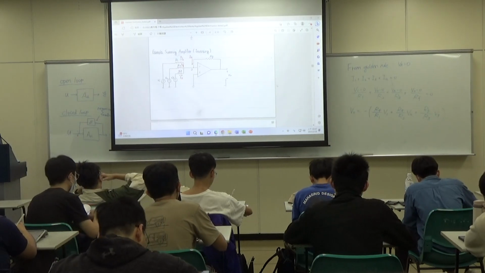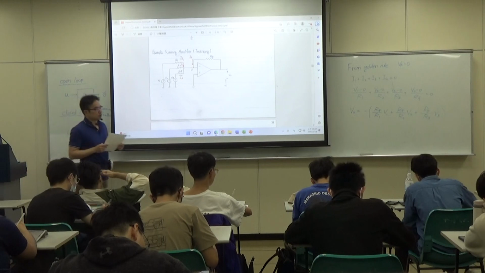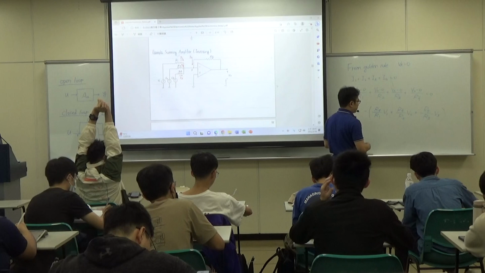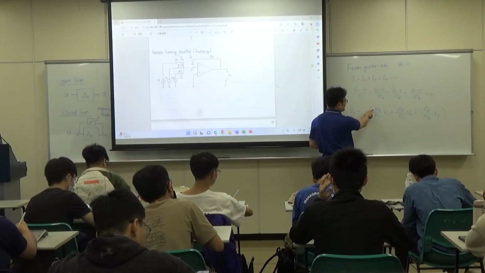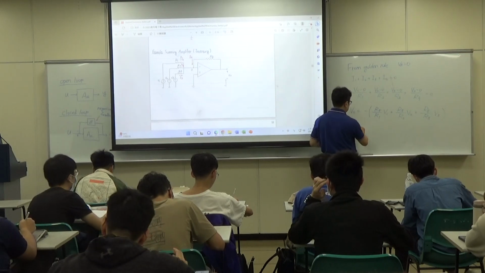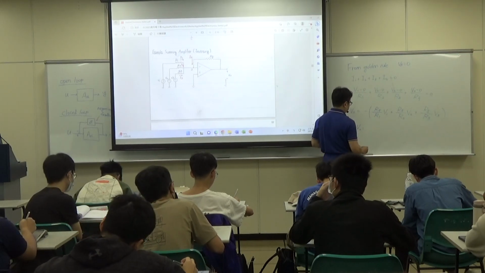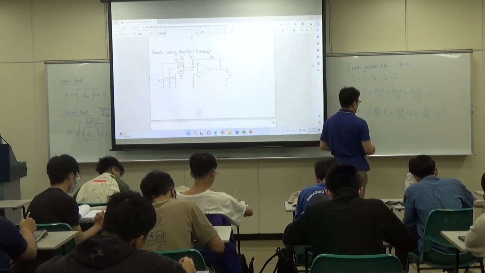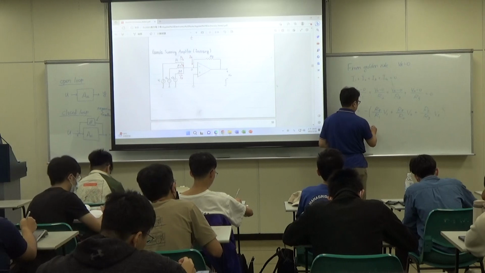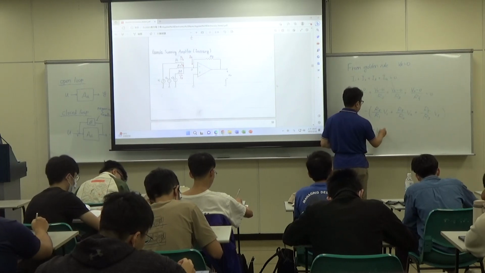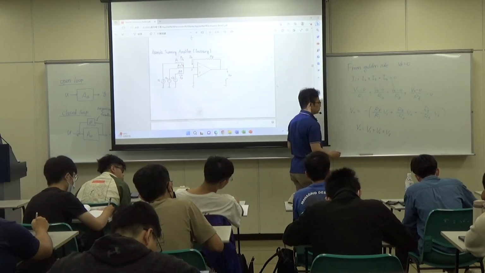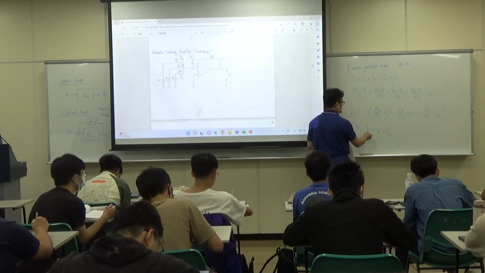Okay, so this is quite simple. So if we want to just add V1, V2, and V3 together, we could choose RF equals R1. If we want to develop a circuit which is VO equals V1 plus V2 plus V3, how can we do it?